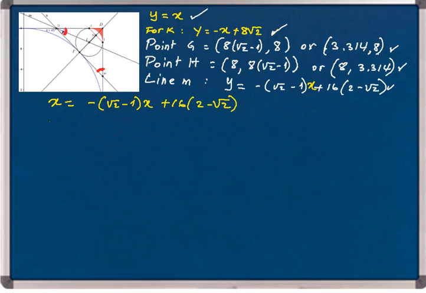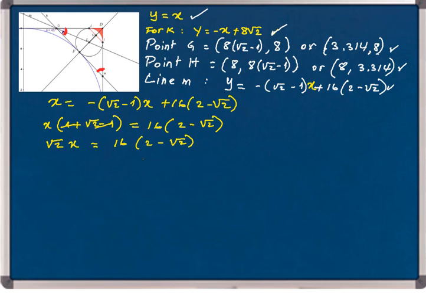We can say that x times 1 plus square root of 2 minus 1 is equal to 16 times 2 minus square root of 2. Otherwise, square root of 2 x is equal to 16 times 2 minus square root of 2.